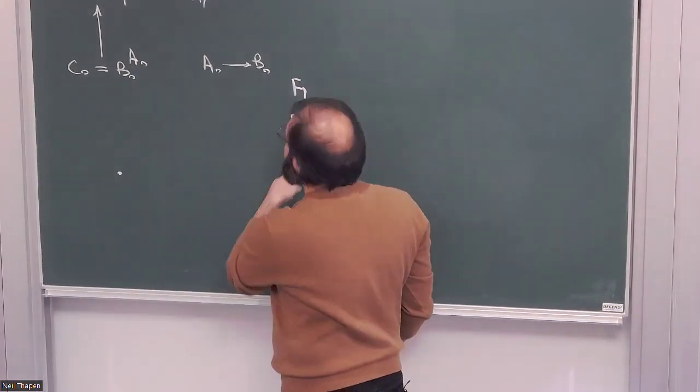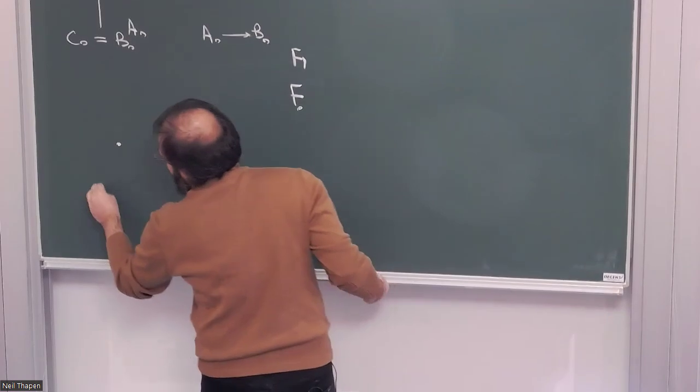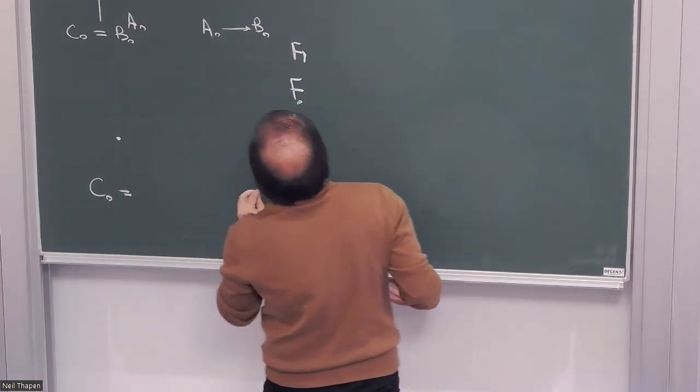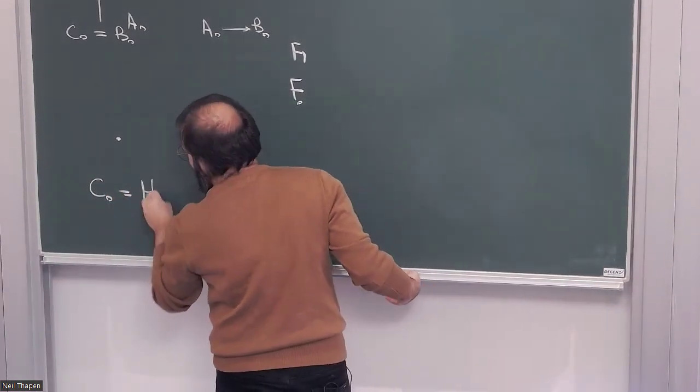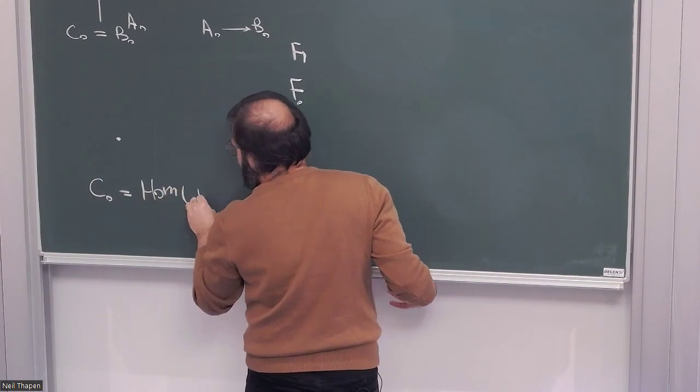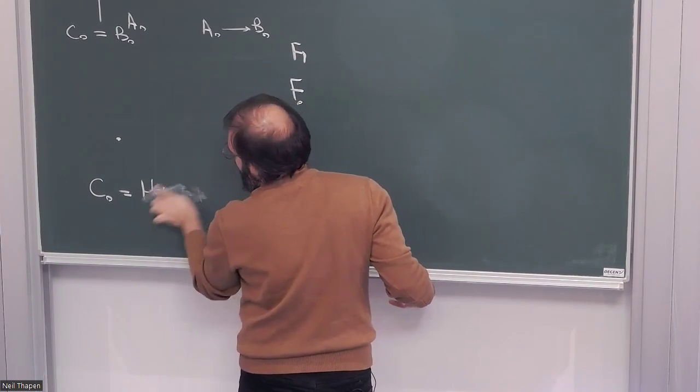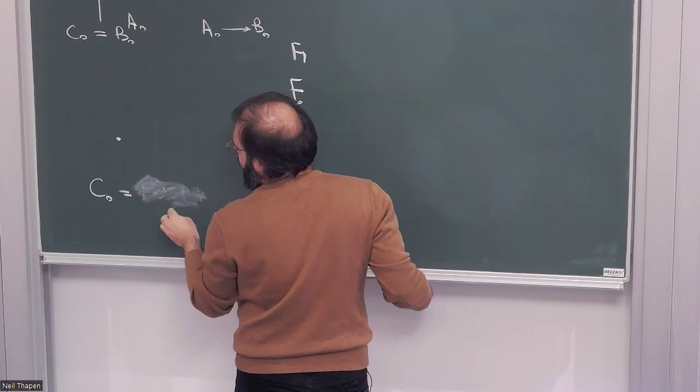So then what is it? C0 is the set of all maps from, okay, no, that could be confusing. Sorry.